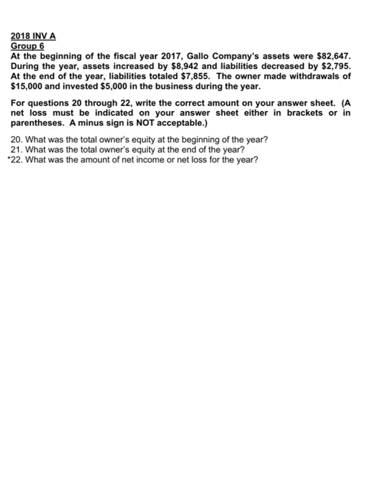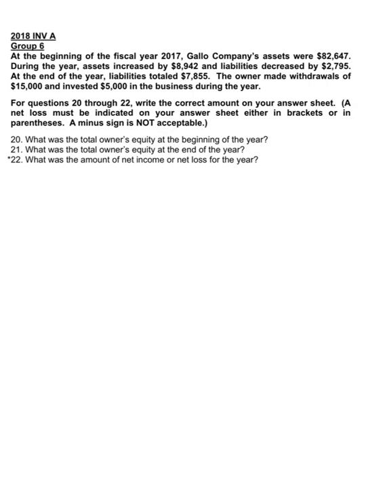The owner made withdrawals of $15,000 and invested $5,000 in the business. So we have to figure out what was the total owner's equity at the beginning of the year, what was total owner's equity at the end of the year, and then what was the amount of net income or net loss.